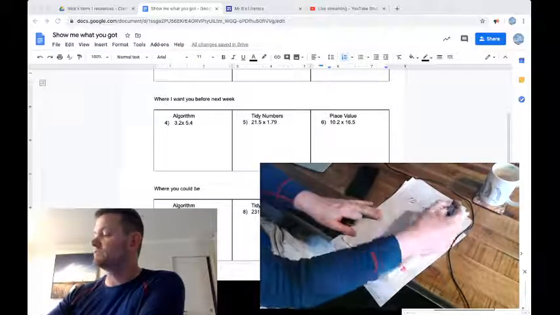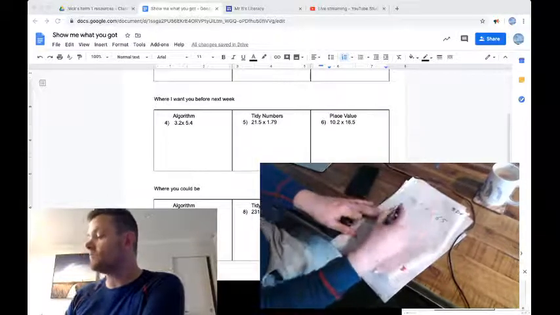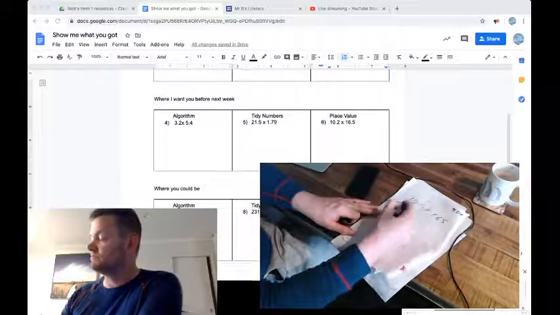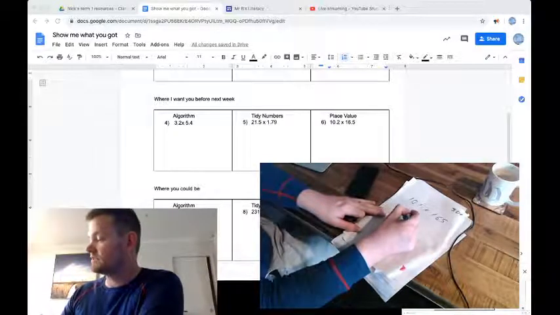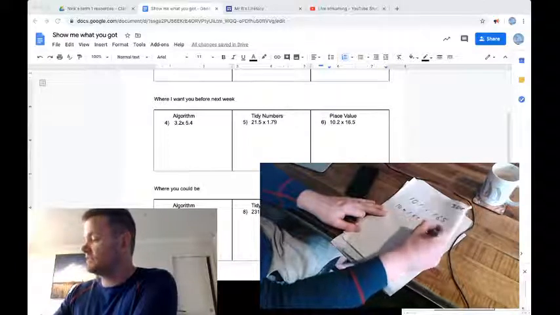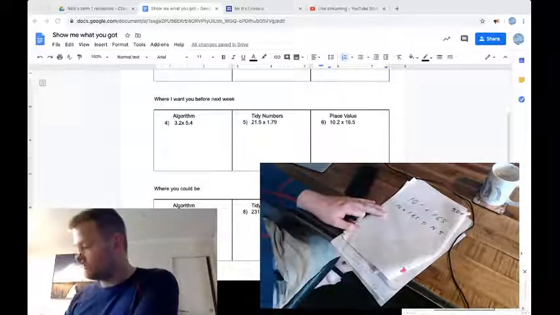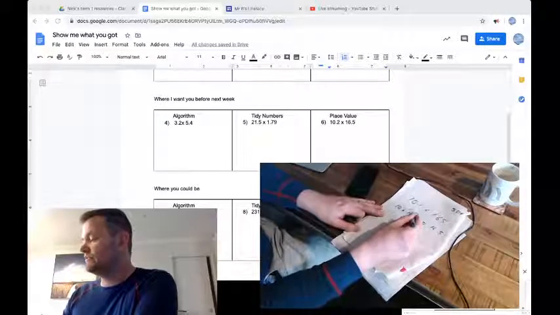Again, remove the decimal places, 3dp. So just treat it like they're not there. Then I'm going to go 10 times 1.65, which is quite easy. It equals 16.5. If you're timesing something by 10, you just move the decimal place that way. If you're dividing by 10, you move that way.